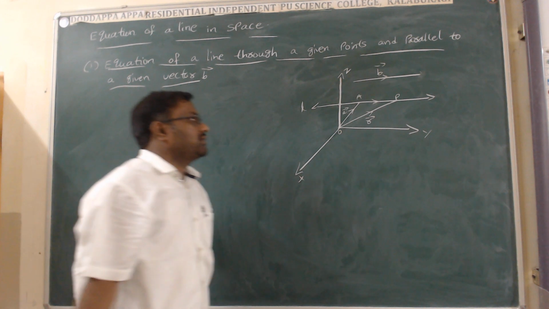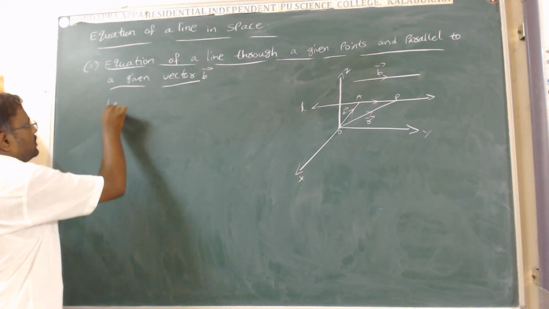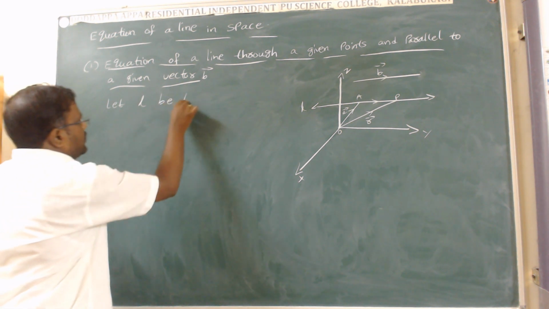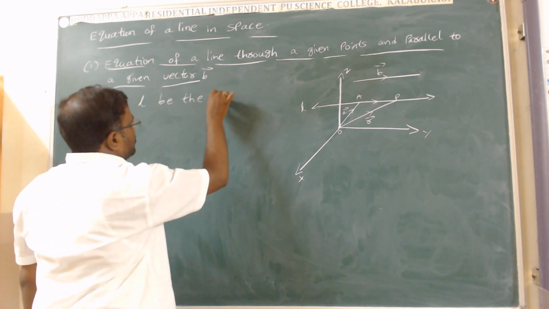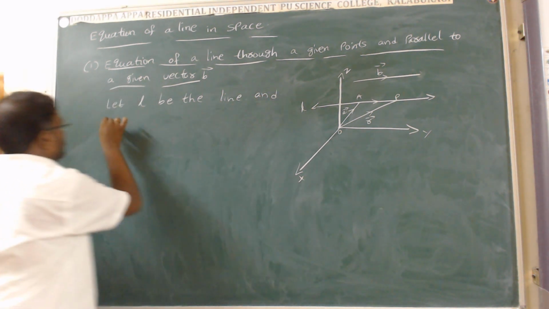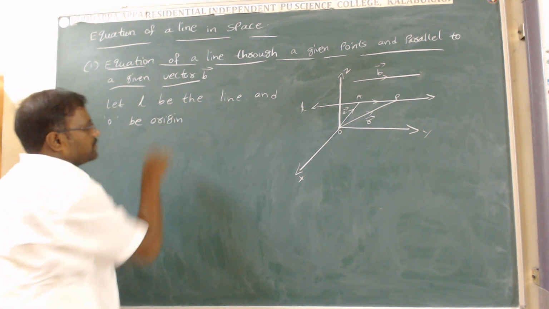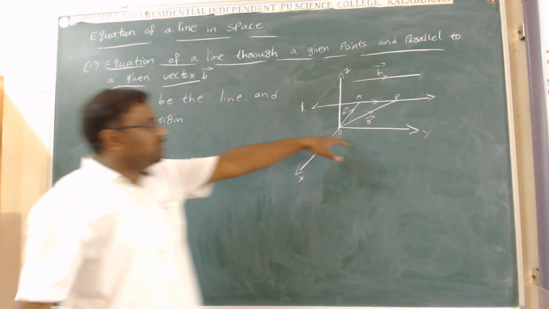Now consider the diagram. Here, first you have to take: let L be the line and let O be the origin.